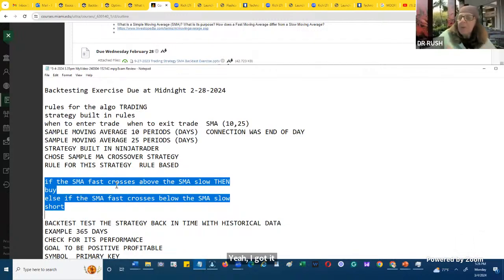This is what's built in, but the reason they chose it, and it's a great question, Arnold, is when the SMA fast crosses above the slow, it means that in a quicker period of time, we can see that it's going higher up. This is a shorter period of time that we can see the trend is going up. And why does it cross below?